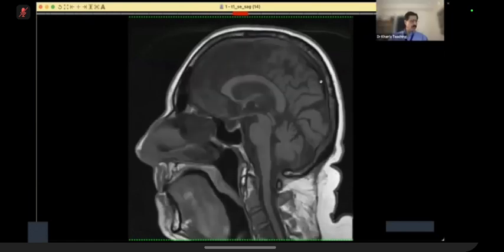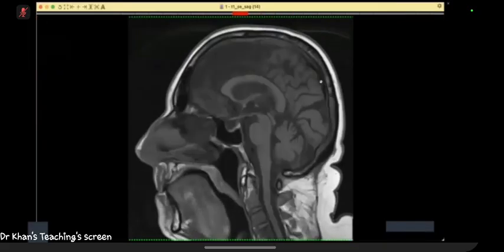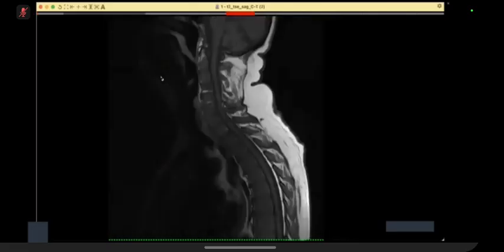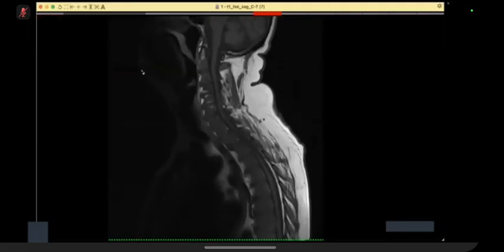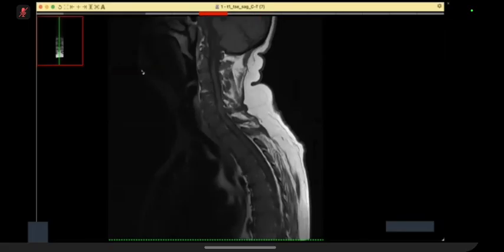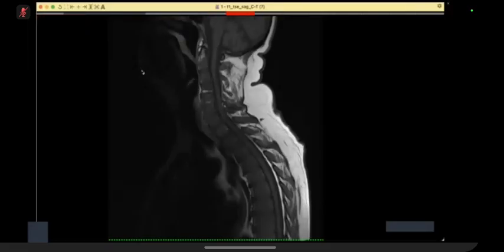Right. What would you do next? I'll look at the spine also if the whole spine is available. Okay. So on these T1 weighted sagittal sections of the spine, I can see that the signals of the vertebrae are lower as compared to the adjoining intervertebral disc.